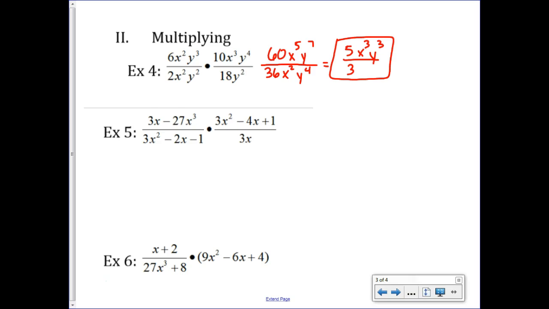So in the numerator of the first one, it looks like I can take out a 3x. When I take out a 3x, I have 1 minus 9x squared. In the denominator then, I want to see what I can factor, 3x squared minus 2x minus 1. So I need to multiply to negative 3.